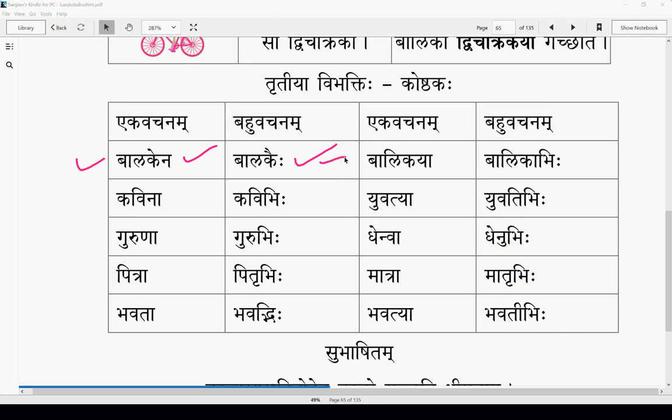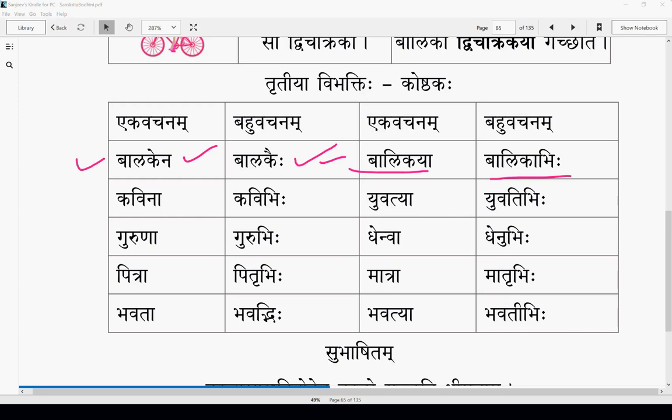If the work is being performed using multiple instruments, then we use Bahuvachanam. If there are two instruments, we use Dvivachanam, which is not given here, but you can find it in the tables. Balakena, Balakaihi. This is Pullingam. For Strilingam, we have Balikaya Ekavachanam, Balikabhihi Bahuvachanam.